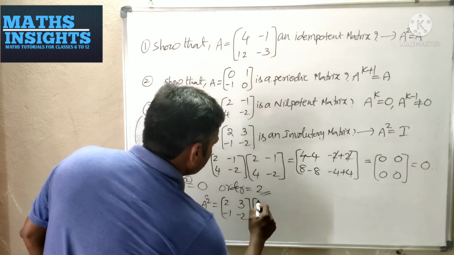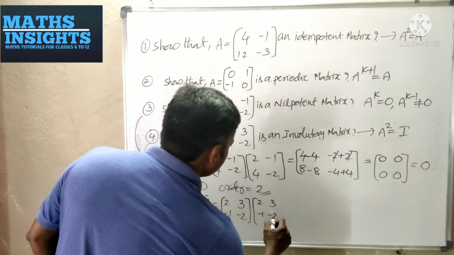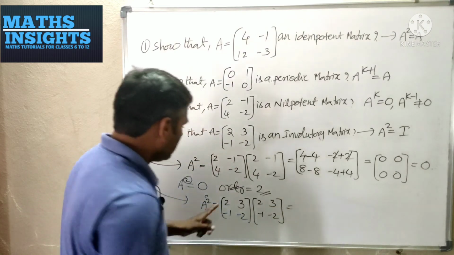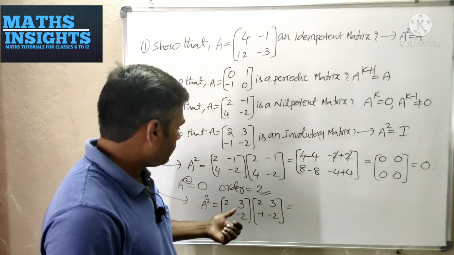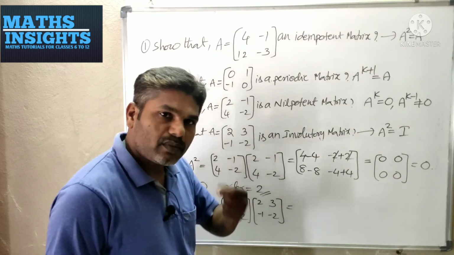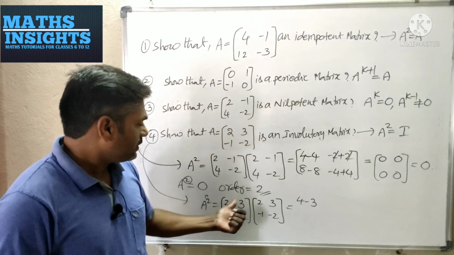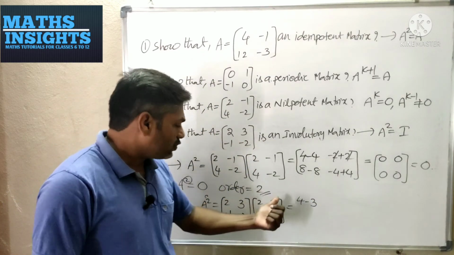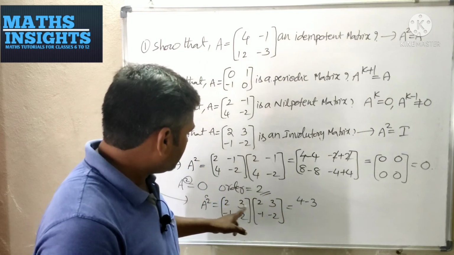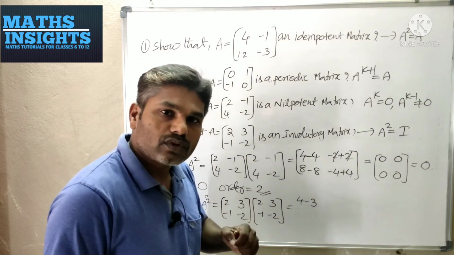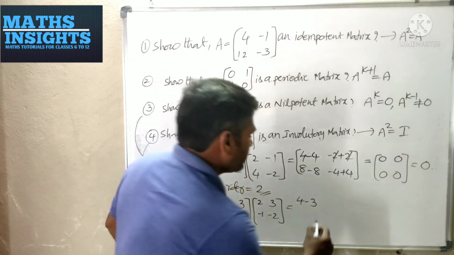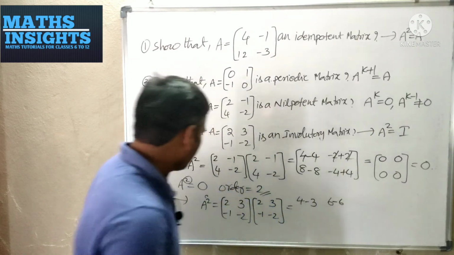Again we have to write 2 3 minus 1 minus 2. Multiplication again. 2 into 2 is 4, plus 3 into minus 1 is minus 3, so 4 minus 3. Again first row second column, 2 into 3 is 6, plus 3 into minus 2, so 6 minus 6.